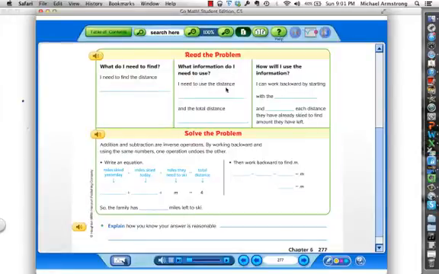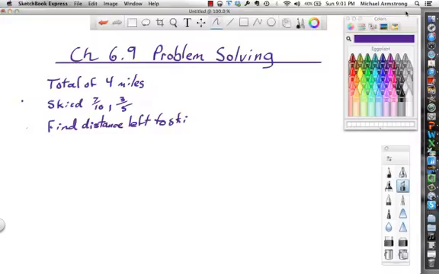I need to use the distance we skied yesterday plus the distance we skied today and the total distance we skied. So that's what goes in here, the total distance that we skied. I can work backwards by starting with the total and subtracting each distance they have already skied to find the amount left. So we're going to start with adding the things that they need, and then we're going to work backwards down to the M.